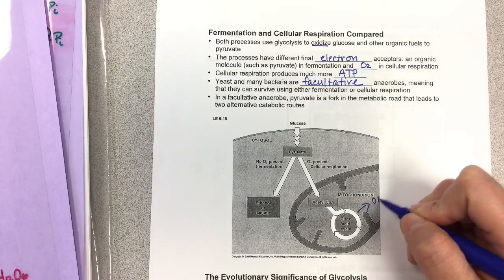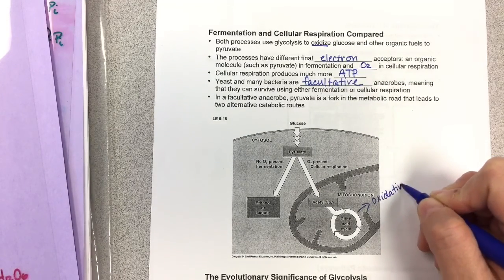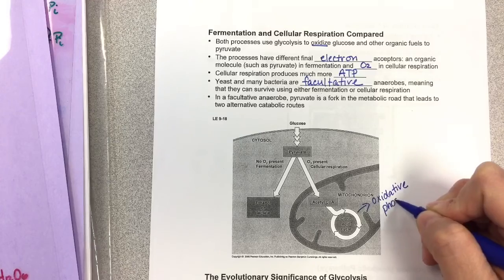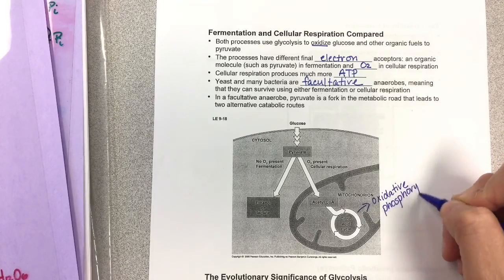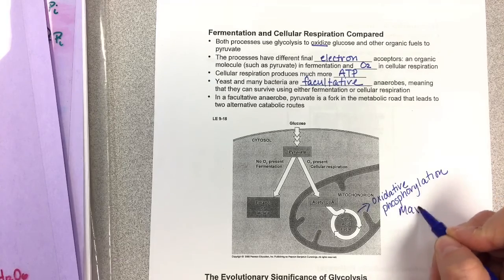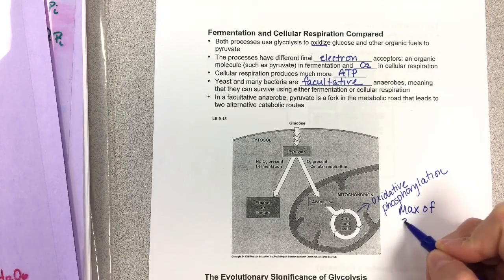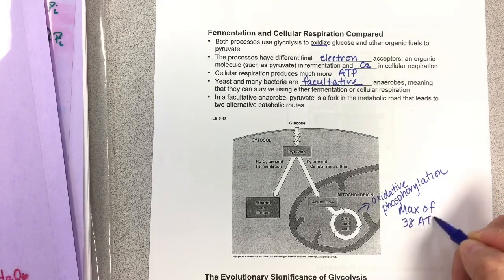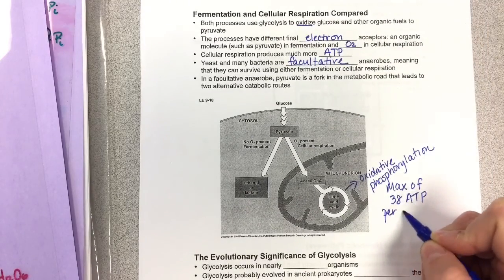Do oxidative phosphorylation. The electron carriers are going to do that. So you get a max of 38 ATP per glucose.